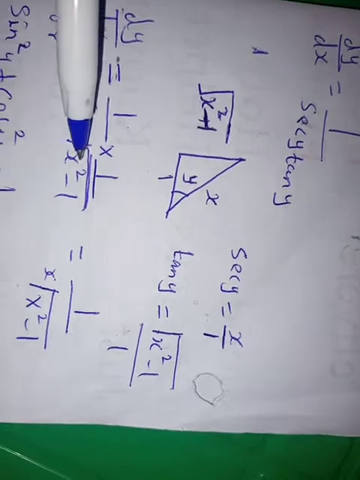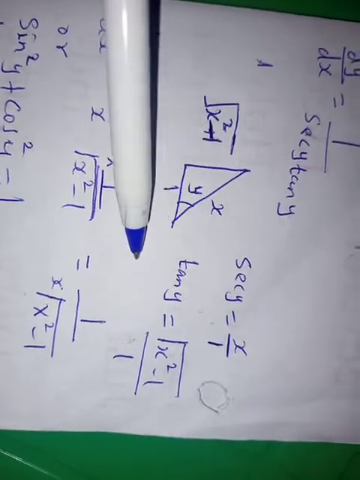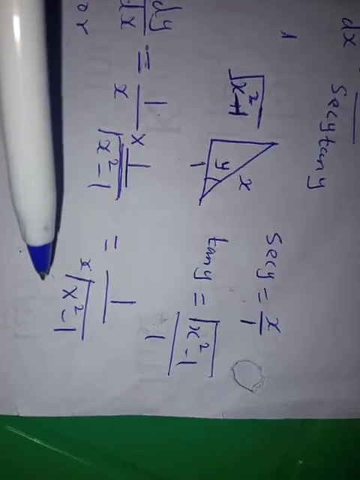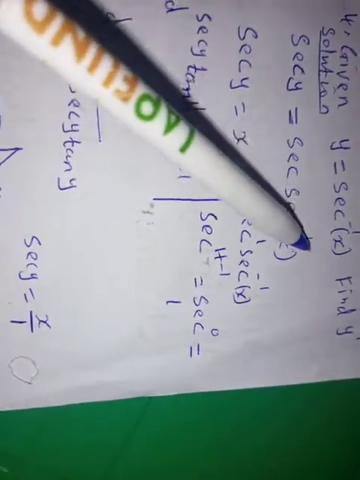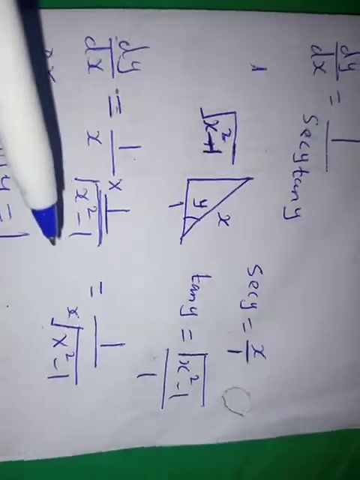Tan y is the square root of x squared minus 1. So the derivative of y equal to sec inverse of x is given by 1 over x root x squared minus 1.